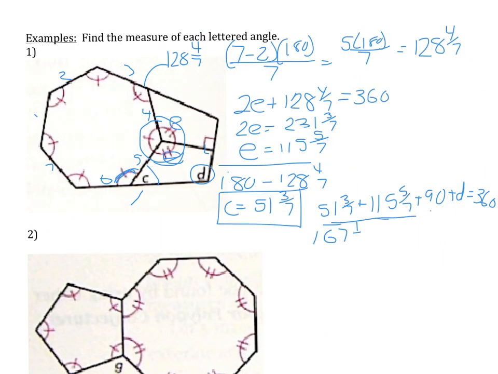So 167 and 1/7 plus 90 plus D equals 360. That's 257 and 1/7 plus D equals 360. My D is coming out to be 102 and 6/7. Double check yours, make sure you get the same thing. Let me know if I've made a mistake.